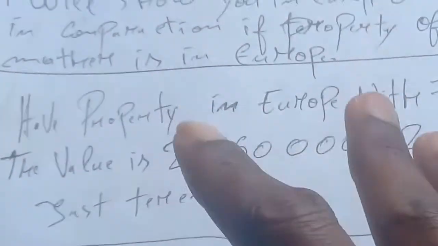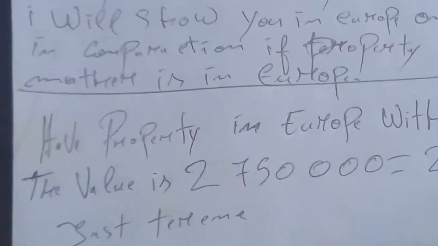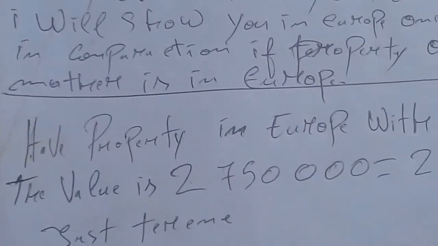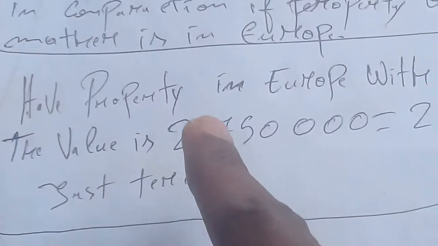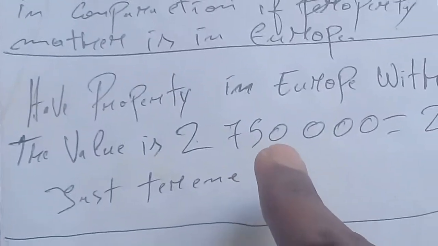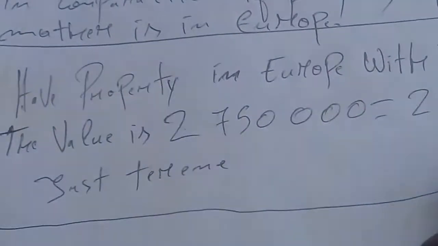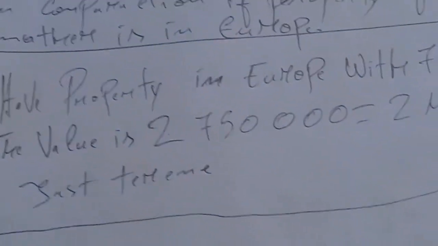Have property in Europe which 755 M2. This value is 2,070,050 million euros. This is 2 million of dollar to just property.